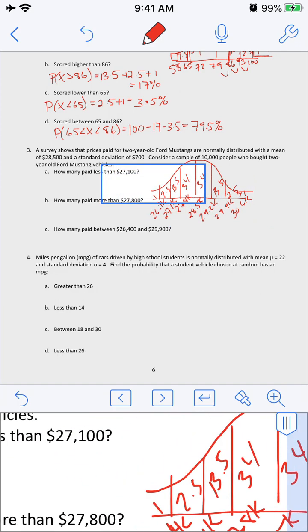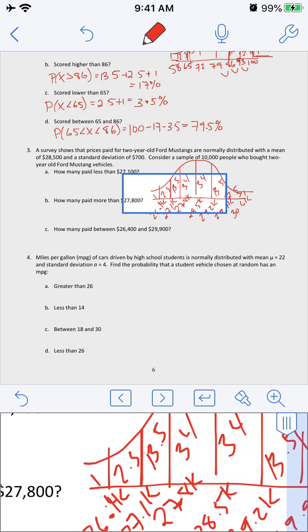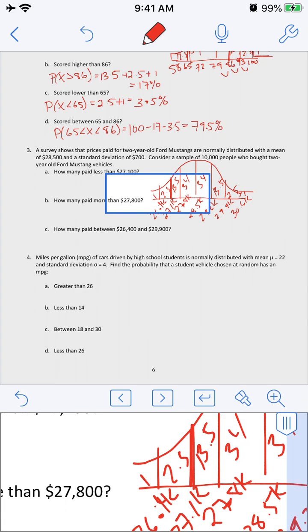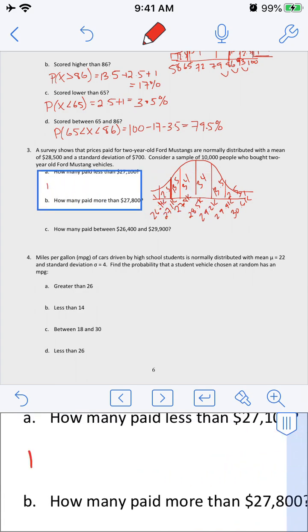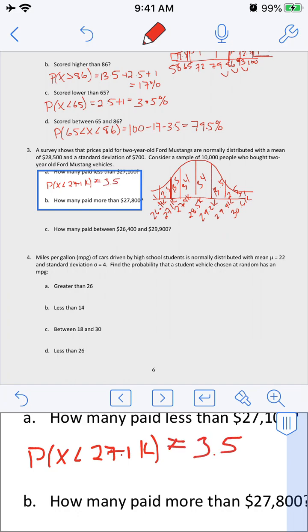So now we see that 27,100 is right about here. And so people who paid less than that, the probability of less than that would be equal to about 3.5% when we add all that up.